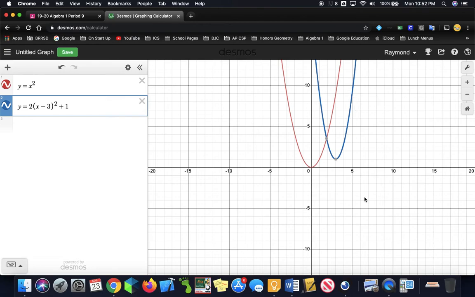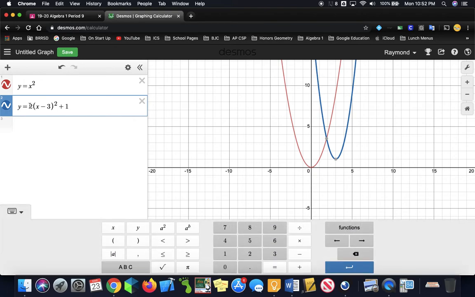So again, we can graph as many as we want here, and we can compare them to the original y equals x squared, the red graph, and see that the blue one is a translation 3 units to the right and 1 unit up. Because the value of a is bigger than 1, it is a little bit skinnier. If we go back and change this to a negative, we see that it opens down when the value of a is negative.